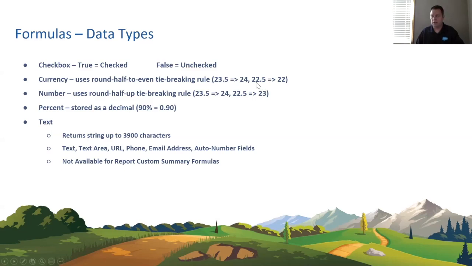In this case, the closest even whole number is 22. Whereas the rule where it's round half up is always going to go up to the nearest whole number, whether it's even or odd. So for numbers, they're using round half up, where 22.5 would go to 23. For currency, they round half to even, so it would actually round down to 22 in this case.